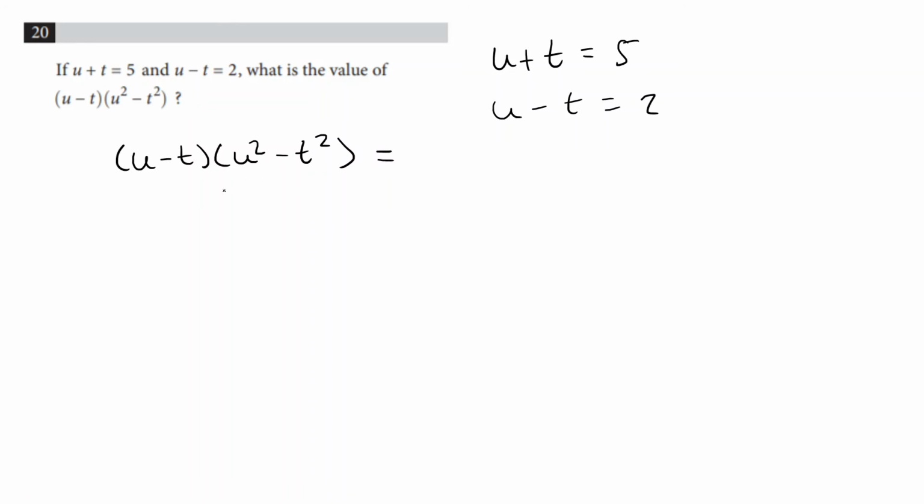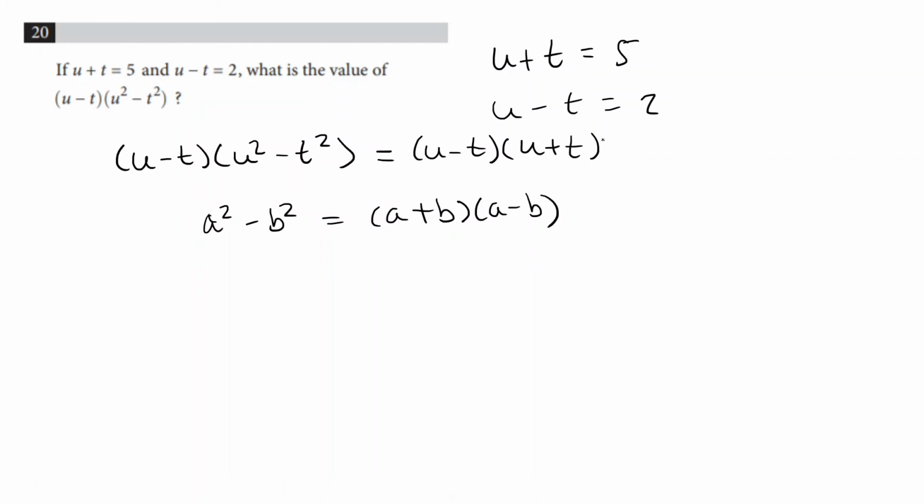However, this over here, you'll notice that this is a difference of squares. The formula for that is a squared minus b squared is equal to a plus b times a minus b. This is the difference of squares. So this would then be u minus t, that stays the same, multiplied by u plus t, multiplied by u minus t.